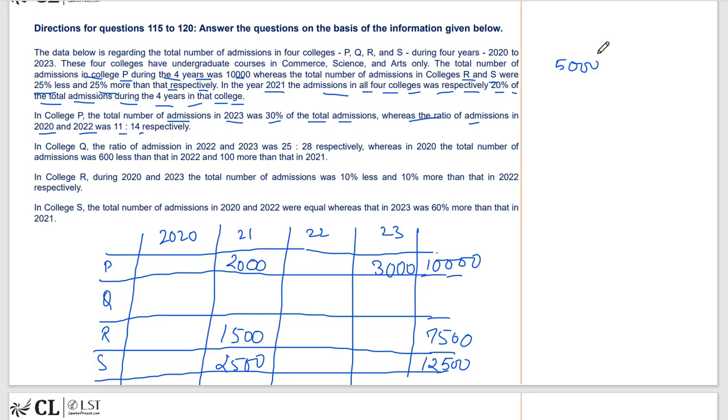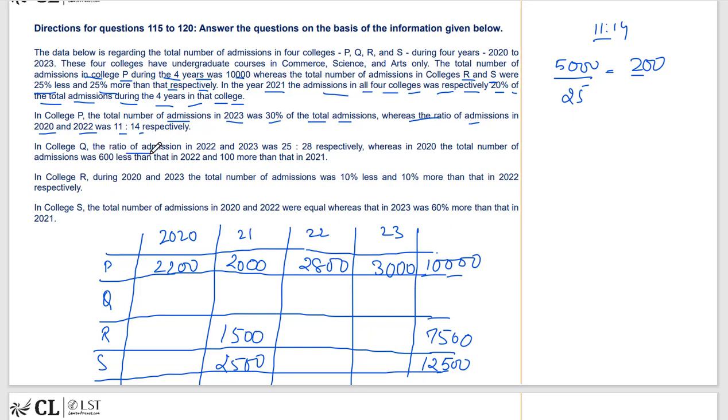This 5,000 has to be split in the ratio 11 is to 14. So total is 25, and our multiplying factor is going to be 200. So 11 into 200, 2,200 comes here. 14 into 200, 2,800 comes here. So we got the numbers for P here.